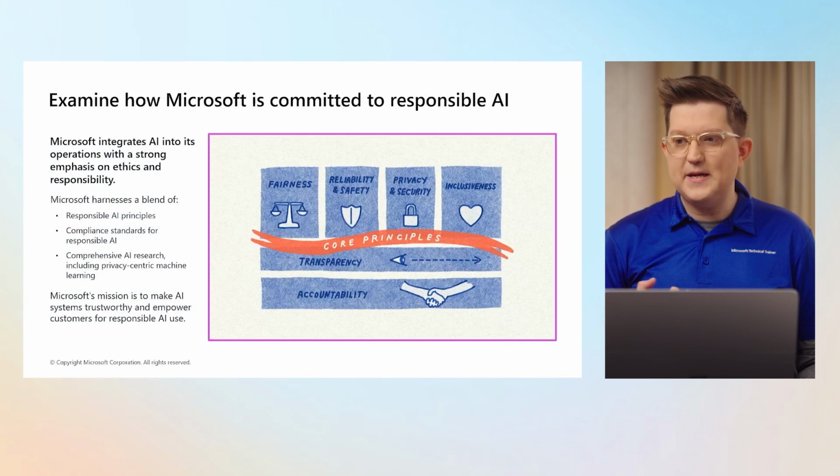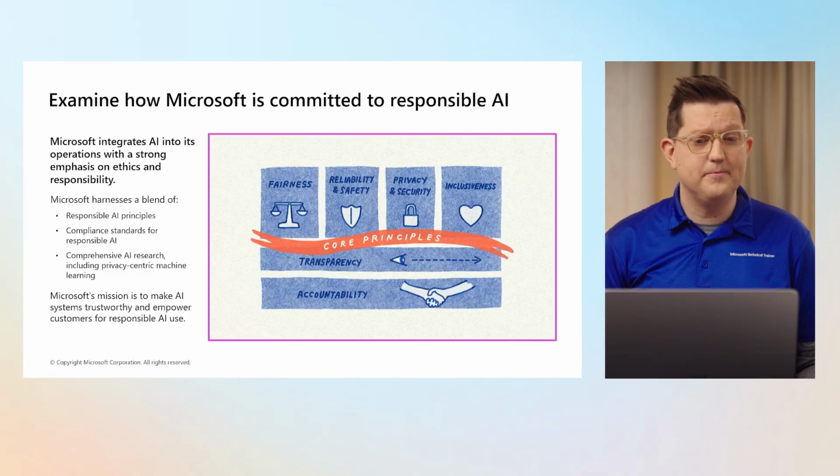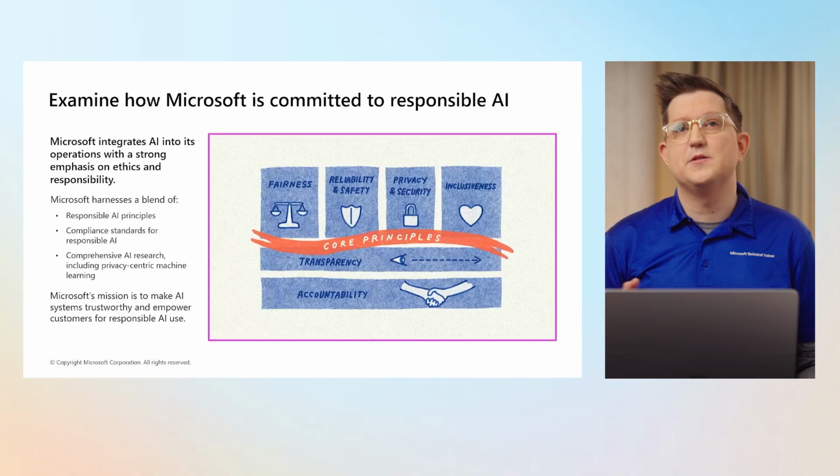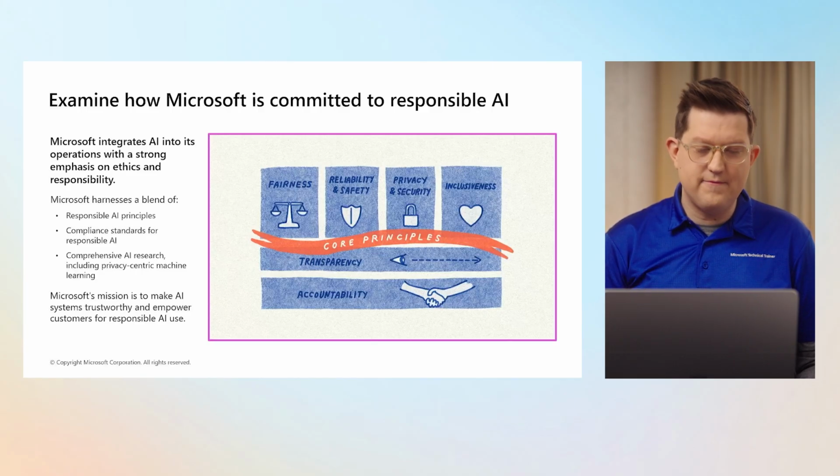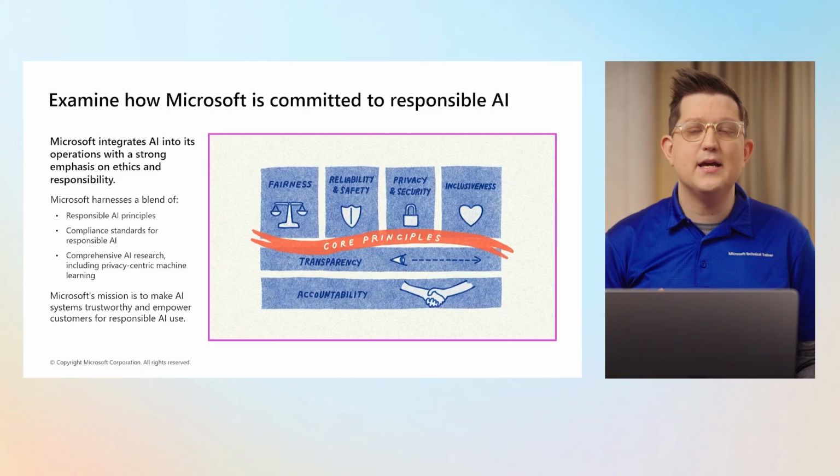The last big piece I want to emphasize here, before I just show you a little bit of Copilot, is I want to talk about responsible AI. Microsoft has, for a very long time, had a key set of responsible AI principles, and we adhere to them at all times.